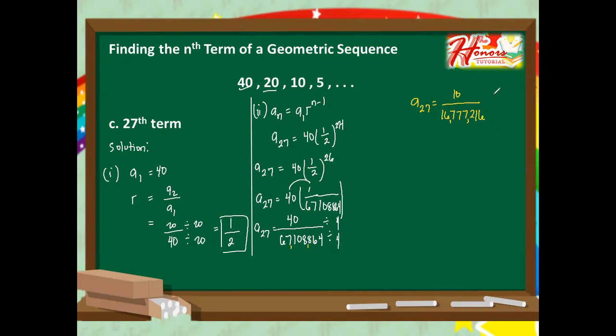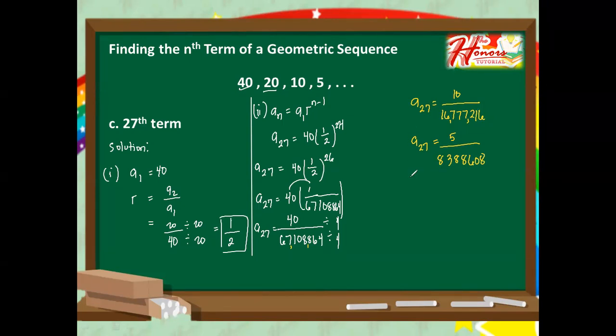It can still be divided by 2, so let's divide it by 2. So a sub 27 is equal to 10 divided by 2, that's 5, over, let's divide this by 2, this is 8,388,608. So this is the fractional part of our answer.